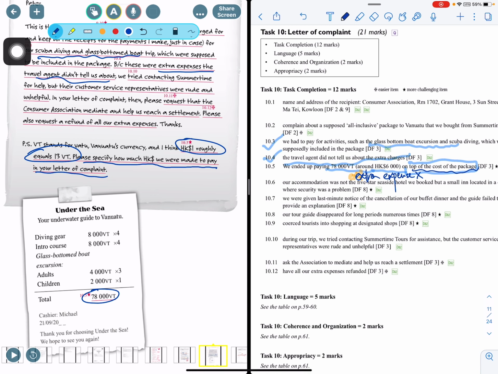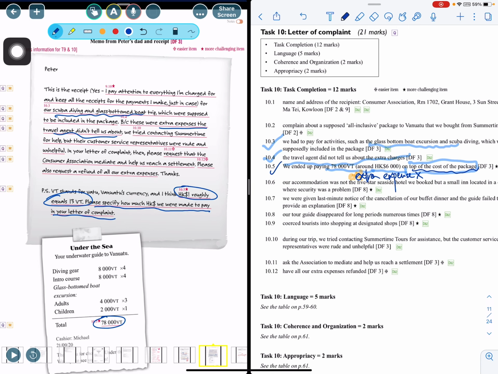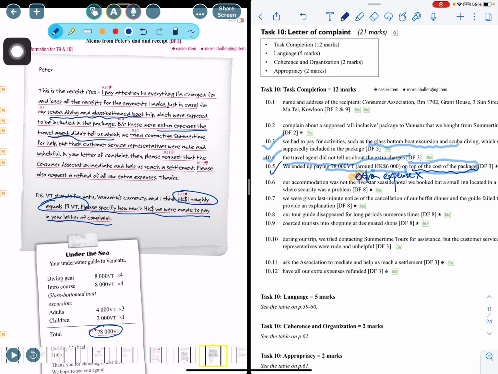If you just put down "in total we paid," then I can't really give you a mark for this point, because it doesn't show that it's extra. It may be a part of the fee included in the tour price as well. So remember this, 10.5 is also included. And then the next one right here: tried contacting their customer service, but they were rude and unhelpful.